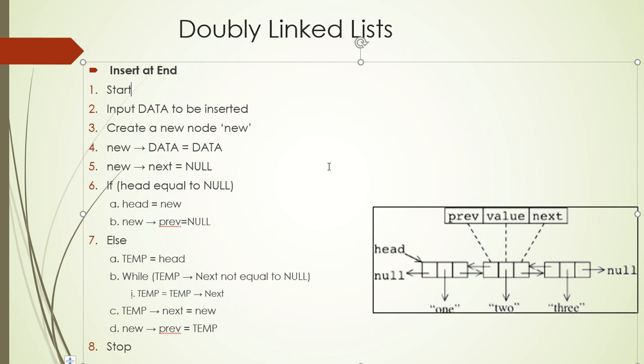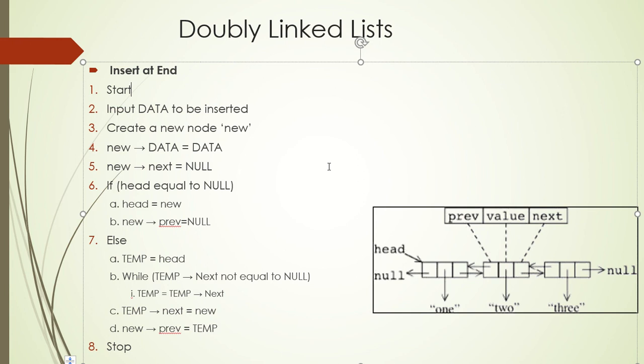So first you have to travel through this doubly linked list till the original end of the list. Okay, so you are having temp, or if you want you can take PTR. PTR is going to travel till the end of your doubly linked list. So how will you know you have reached there?